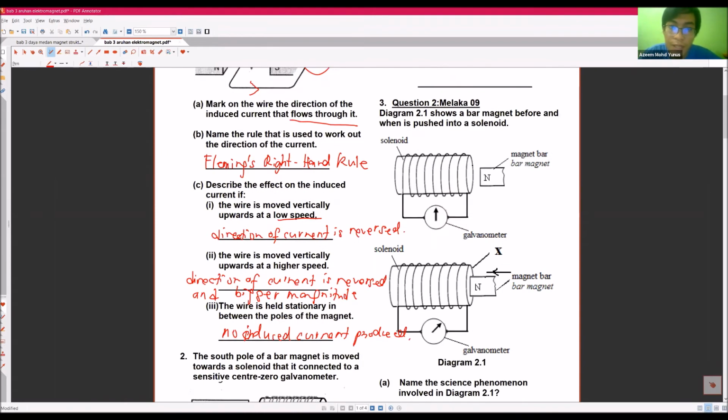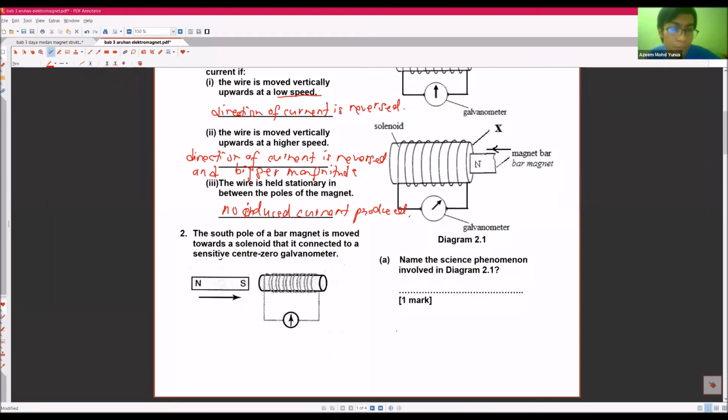So this is where we need to apply Lenz's law. When south is approaching, the solenoid should be south as well. Why does this become south? Lenz's law states that it will oppose the changes, the action that we do.